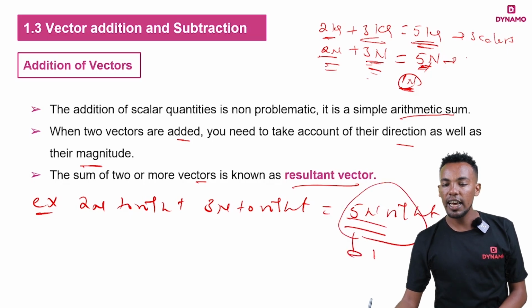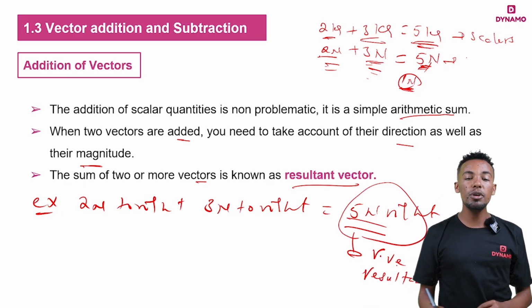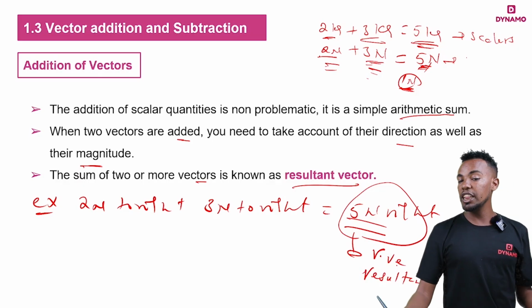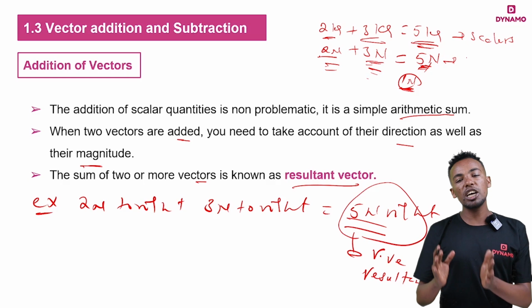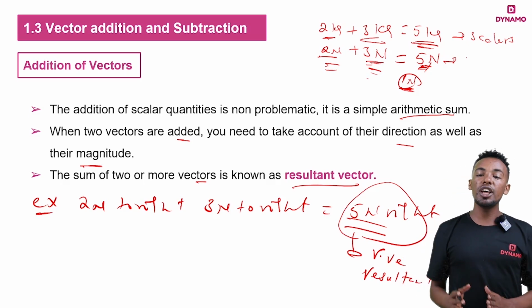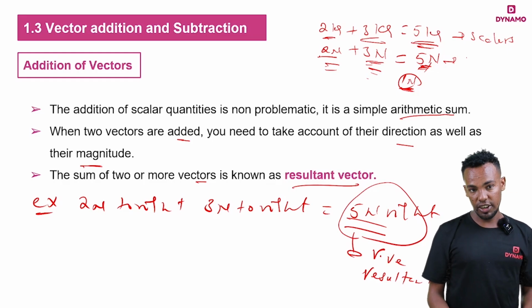This 5 is the resultant vector, or resultant force. So the resultant force means the sum of two or more vectors. The vectors can be two or more, and the final sum we call the resultant vector.